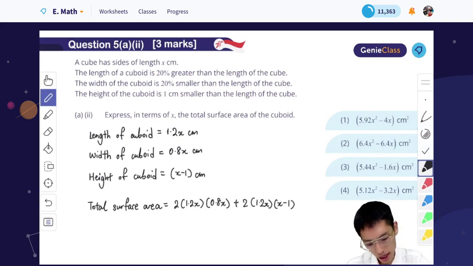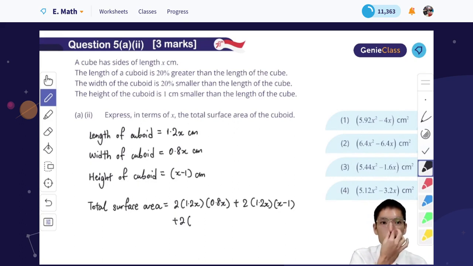And again, the last one, what's the last combination? Consider the sides. For a cuboid, I hope you all recall, there's one cross section facing this way, one from bottom up, one from left to right. So you have to consider all scenarios.